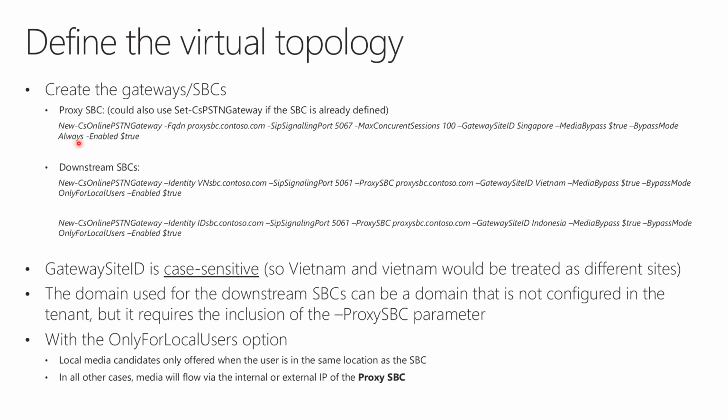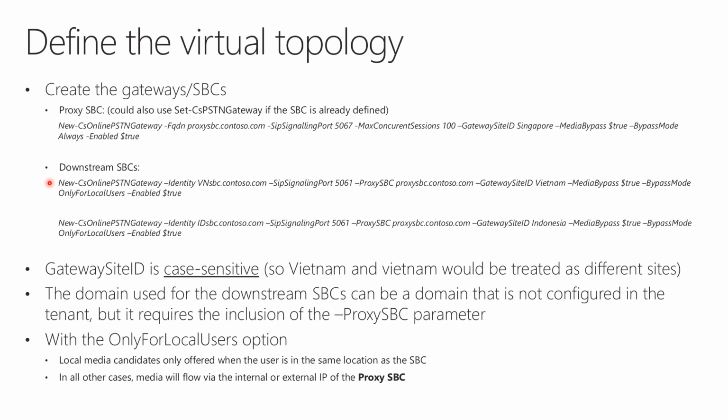And of course, don't forget to enable it, dash enabled true. Now this SBC might already be defined in the topology. Maybe you just didn't turn on media bypass. That's cool. You could also use the Set-CsOnlinePSTNGateway commandlet and add the gateway site ID, media bypass, and bypass mode options as appropriate.